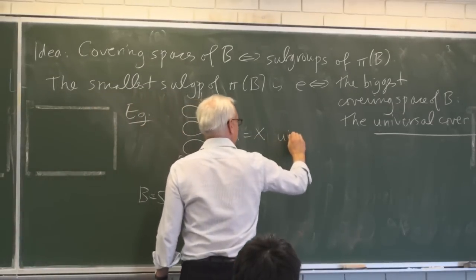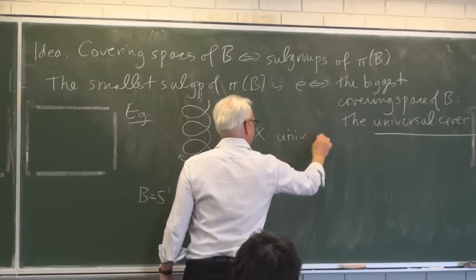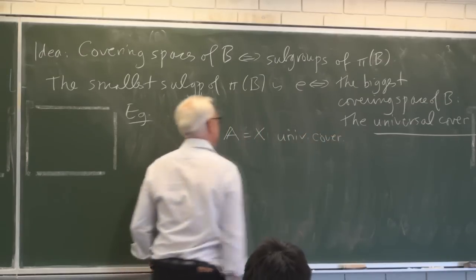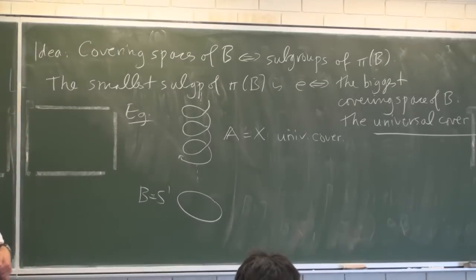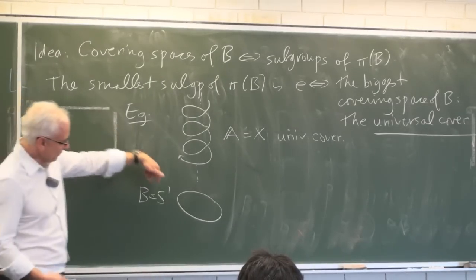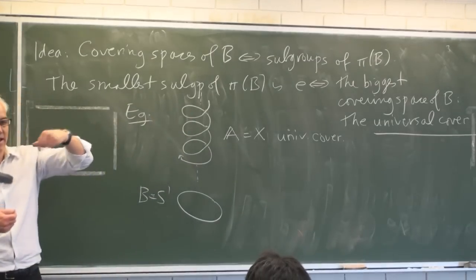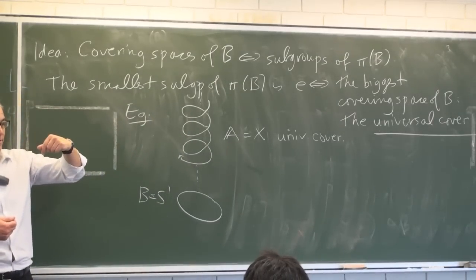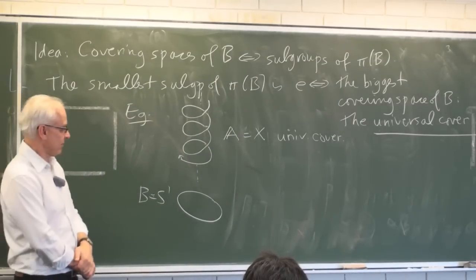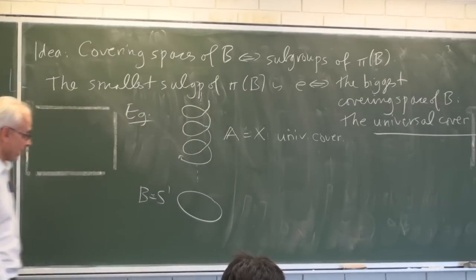That's the universal cover. Of all the coverings of the circle, this is the one that's distinguished by the fact that it doesn't have any non-trivial loops in it. It's simply connected.